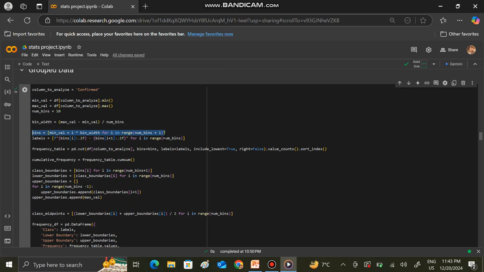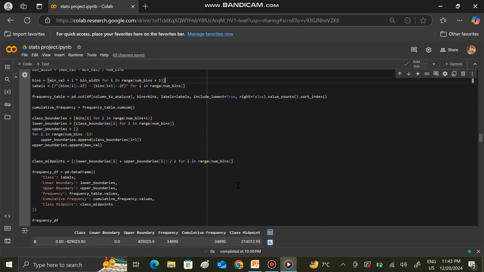Bin width is basically the size of our classes. After determining our bin width, we determine how big each class is going to be, and we're going to convert bins into classes after determining the frequency of each bin.